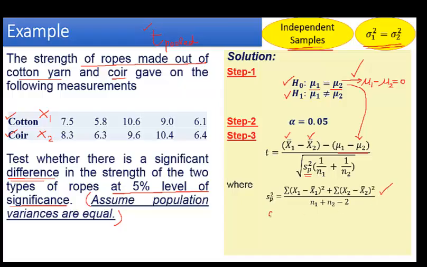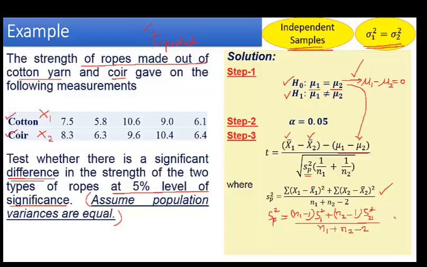We can also write the same formula. The pooled variance is equal to n1 minus 1 into s1 square plus n2 minus 1 into s2 square, divided by n1 plus n2 minus 2.